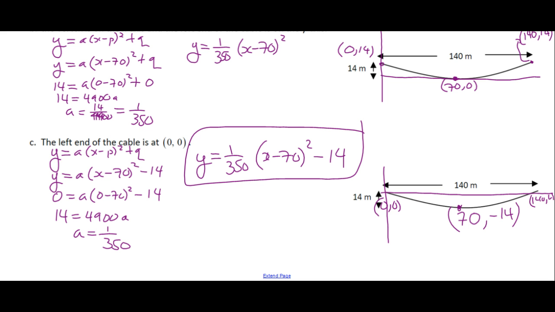Where's the best place to put the vertex? Looking at A, B, and C, look at the work you had to do in A and B and C and say, well, it's easiest to do this.